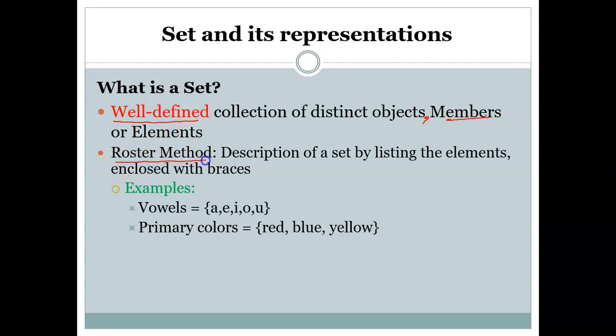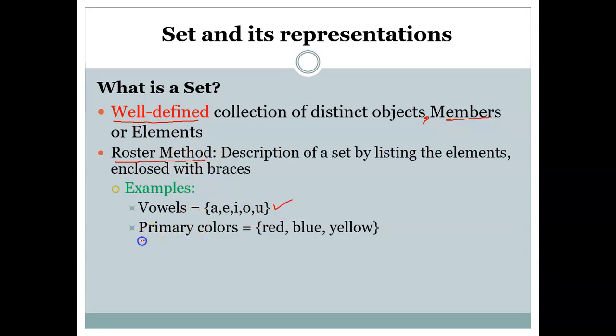One is the roster method, and the roster method means the description of a set by listing the elements enclosed in the braces. For example, we have a set of vowels. We will write all the vowels of the English alphabet enclosed in these curly braces. So this kind of representation is called the roster method.